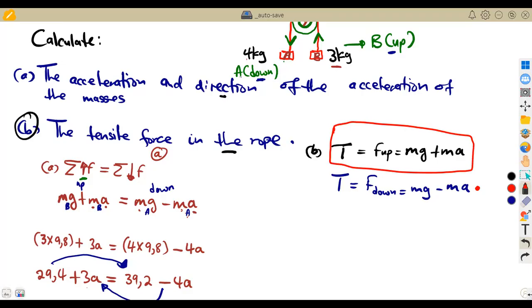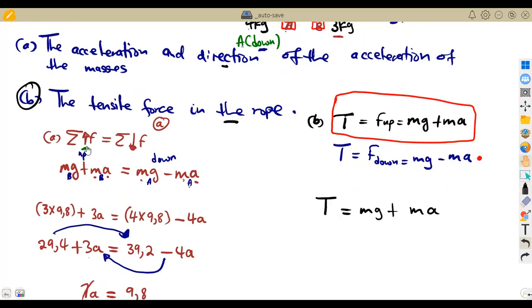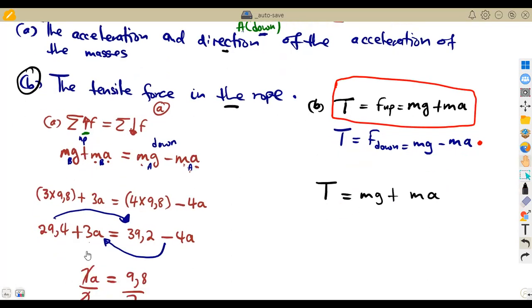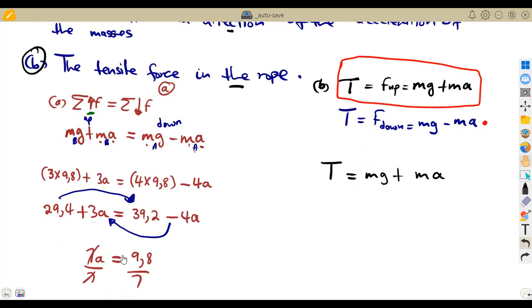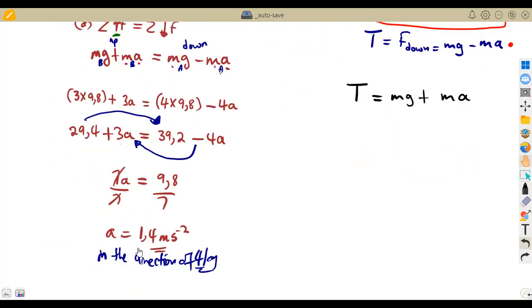As for now, I'm just going to use the first one, for F up. So if I am using F up, my formula is going to be mg plus ma. This is just a repetition of the earlier part, because we already calculated our acceleration, so it's just substituting it.